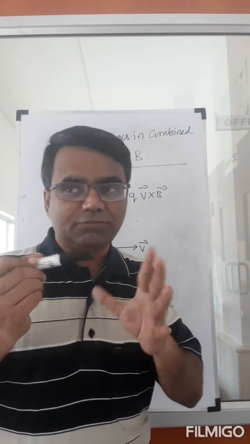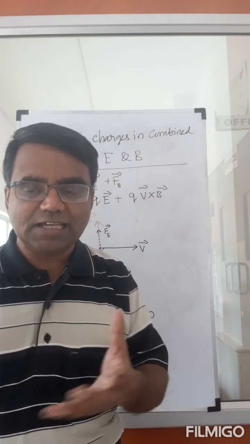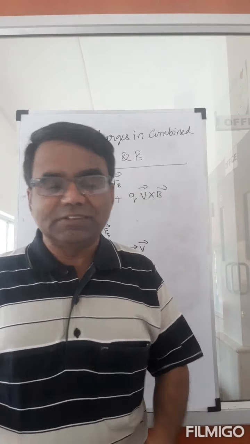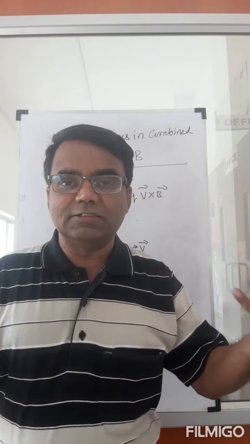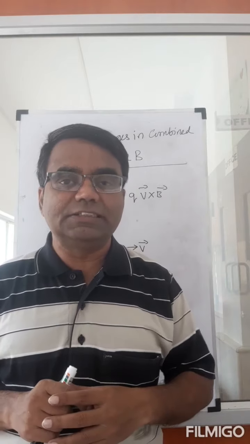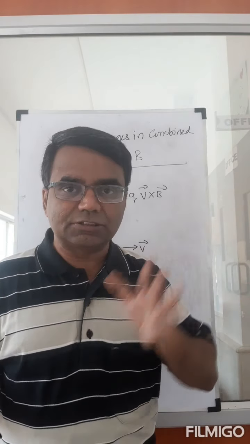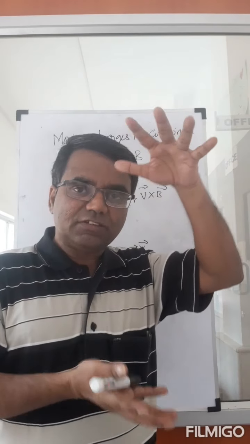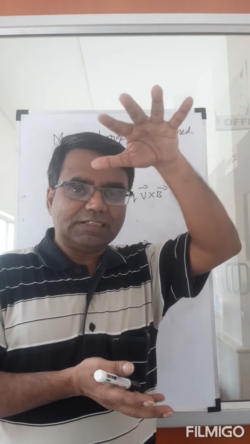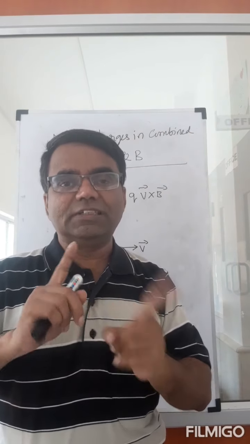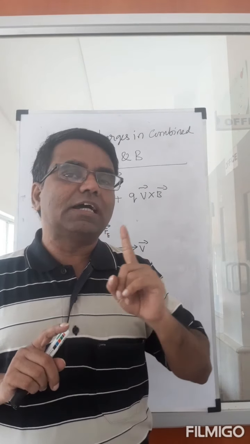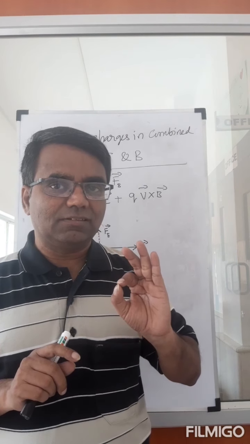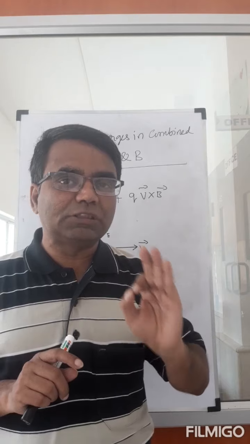So this has a profound implication if you look at it. If I have a collection of charges, they are all moving in a particular direction with different speeds, like sprinters in a race. All the charges are moving in the same direction, but they all run with different speeds. Then, if I keep the crossed fields of E and B, what happens now is that I can select the charges with a particular speed.